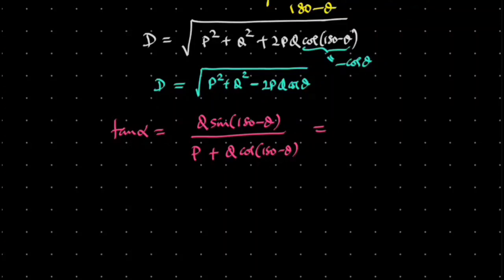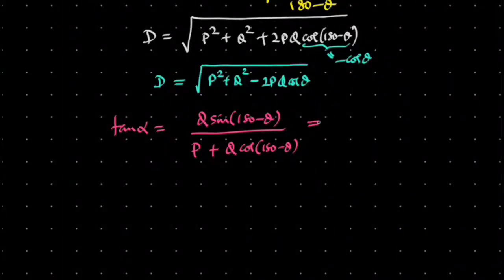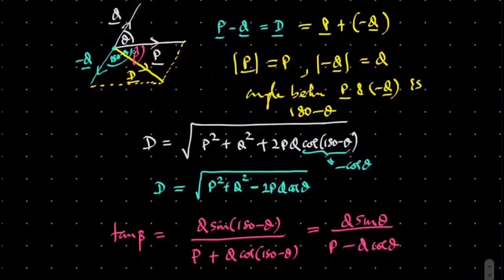Upon simplification, Q sine 180 minus theta is just Q sine theta, and cos 180 minus theta is minus cos theta. So this is P minus Q cos theta. And let's call this angle beta, not alpha. Since we used alpha for the previous one, I have changed the angle to beta.